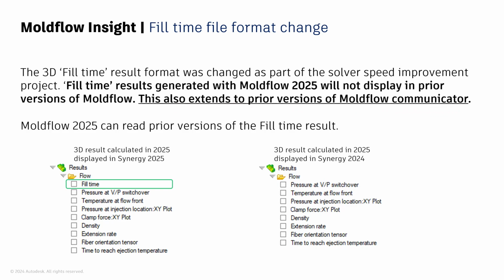So it is better that you use the same version of Communicator with which you ran the analysis, for better compatibility. This is very important when you are sending results to counterparts in different geos. Make sure they open the results in 2025 if you ran in 2025, else the most important result, like fill time, will not be seen.